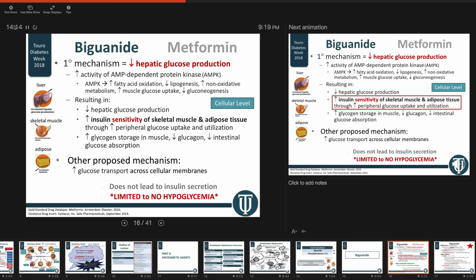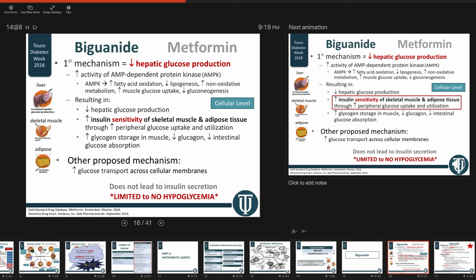And also, this is the important thing, our muscle will take in more glucose, which will reduce the sugar. The last one here will reduce gluconeogenesis, meaning to reduce the production of new glucose from the liver.